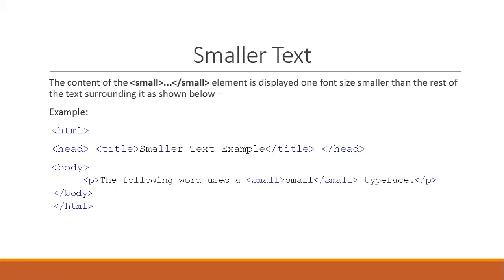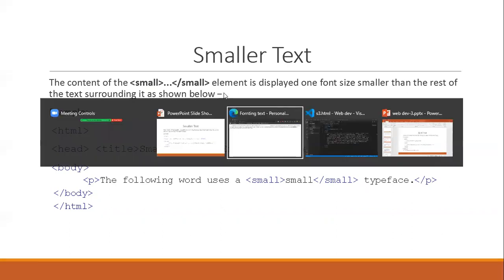Now moving further, if there is a large tag, it is usual that there should be a smaller text also. So smaller text can be made with the small tag. It will make the text smaller than the rest of the elements. It will be used like this: put small, and whatever is inside the opening and closing tags will be smaller than the rest of the elements.